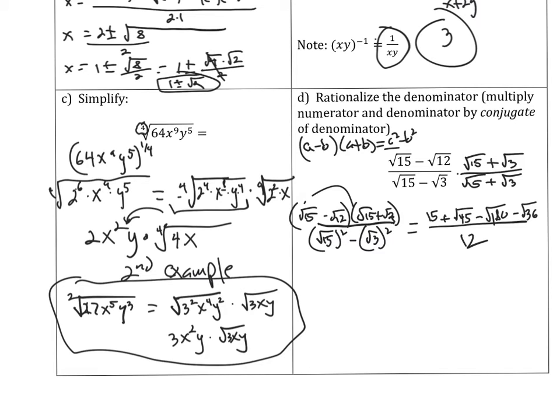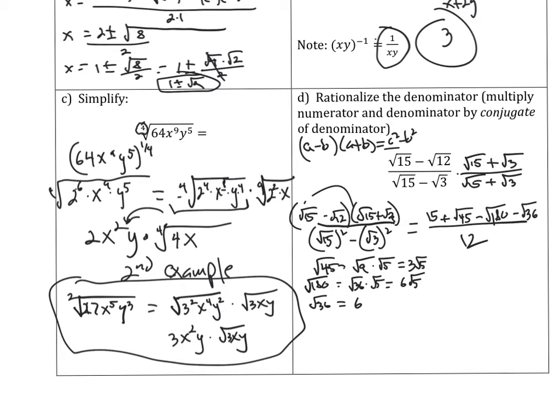So we have our 15. Root 45 is equal to root 9 times root 5, so that's equal to 3 root 5. Root 180, the largest perfect square that can factor out of 180 is 36, so we're going to get root 36 times root 5. That's going to be equal to just 6 root 5. Root 36, we know that that's just equal to 6.